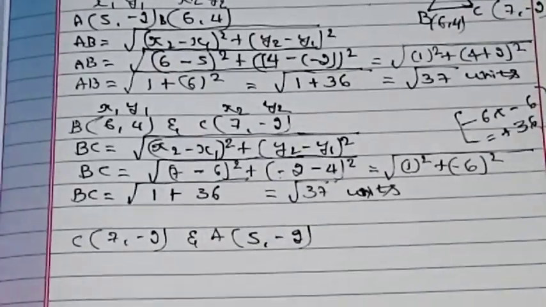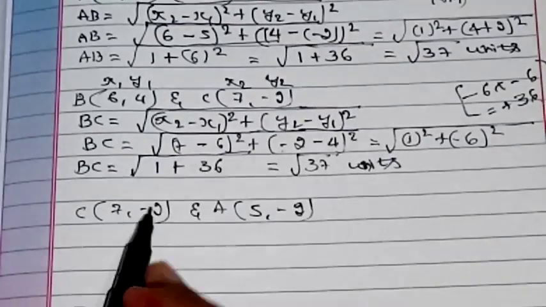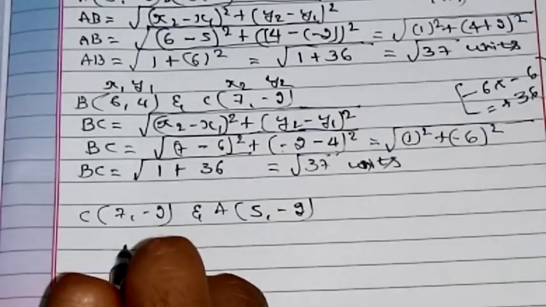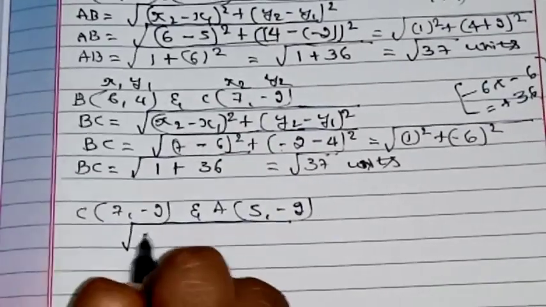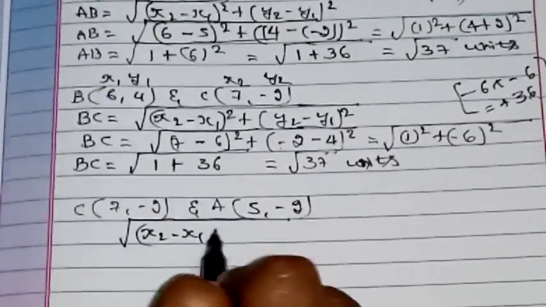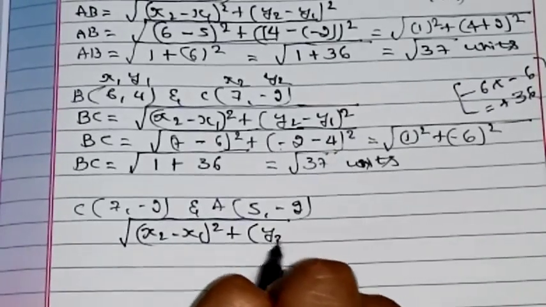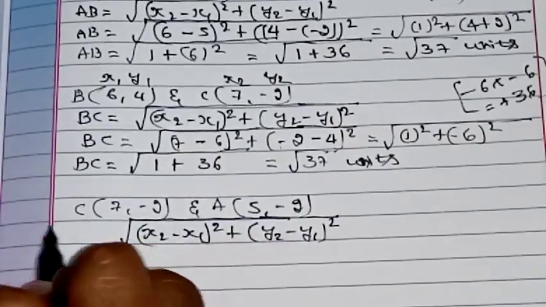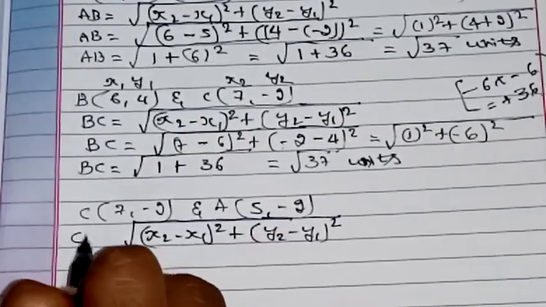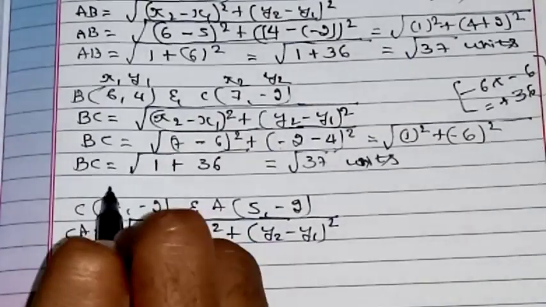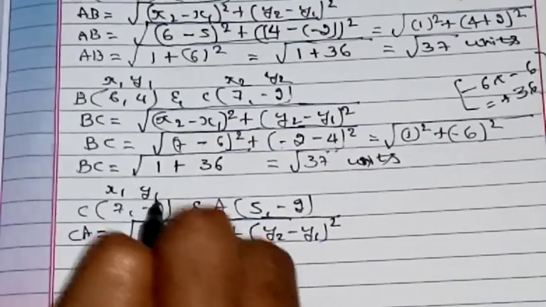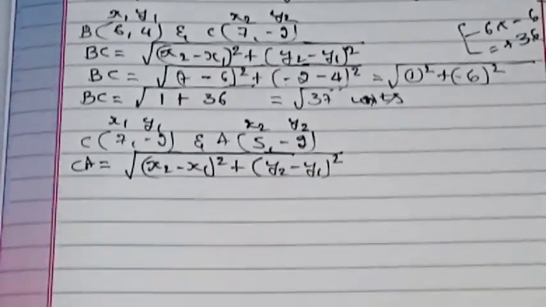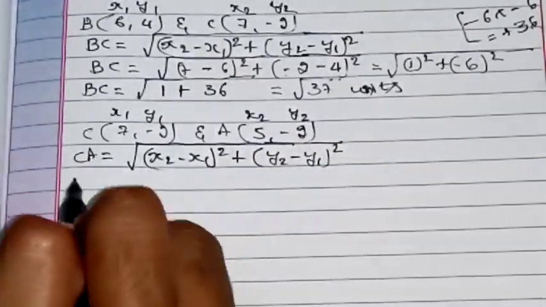Now find the distance between C and A. Here I'll write the distance formula: square root of x2 minus x1 whole square plus y2 minus y1 whole square. So here you are finding the value of CA. The first one has x1, y1, the second one has x2, y2.